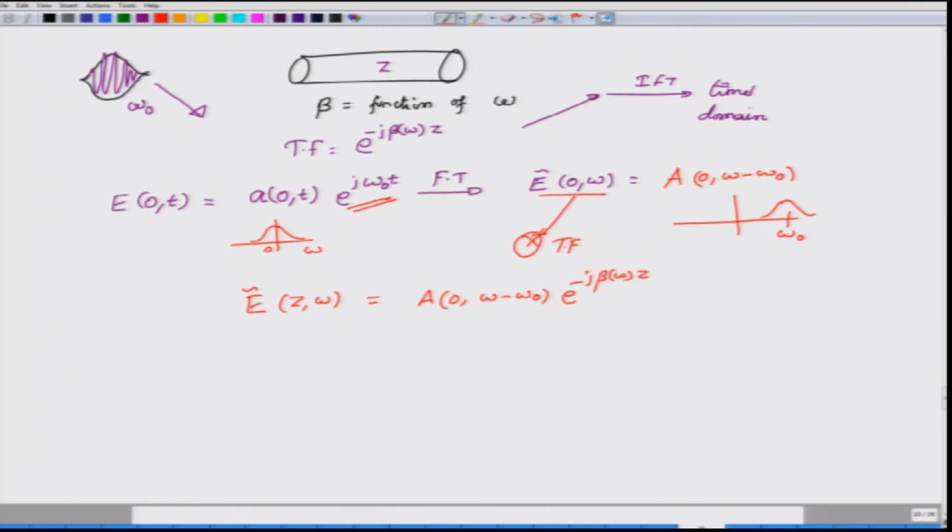It is this one whose inverse Fourier transform I need to take. Before doing the inverse Fourier transform, I want to look at this beta of omega. Since my frequency range of interest is now centered at omega 0, the different frequency components that make up this particular thing can be written in terms of the difference with respect to omega 0.